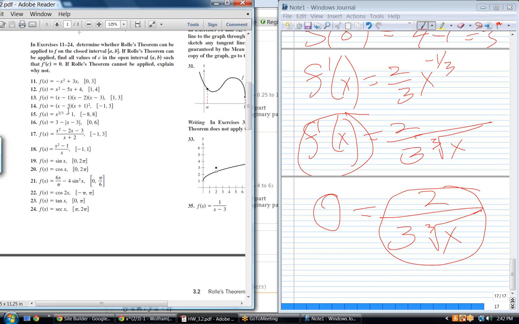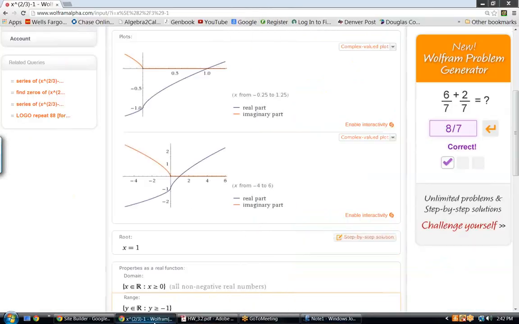Okay. And in fact, if we look at that graph, how come f of minus 8 equals f of 8? You know what? I'm not sure that it does.